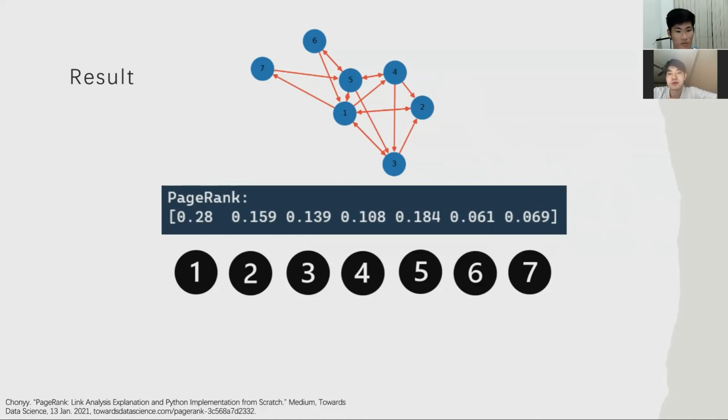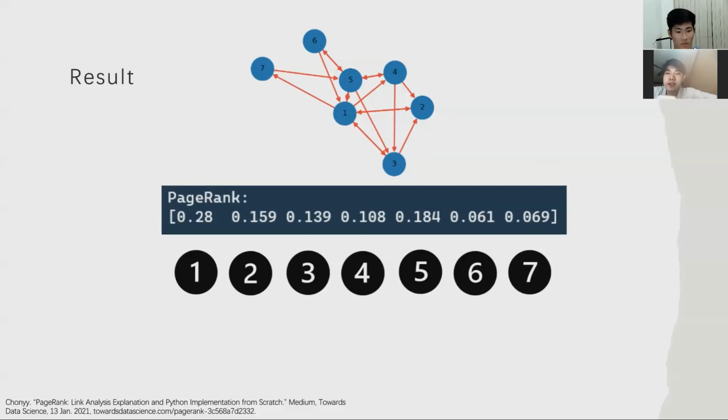And if you look at node 5, there are also 4 nodes contributing to its importance. So why is there a difference? If you look at node 1 closely, the nodes that are contributing to its importance are node 6, node 3, node 2, and node 5. And if you look at 5, the nodes that are contributing to its importance are node 6, node 4, node 7, and node 1.